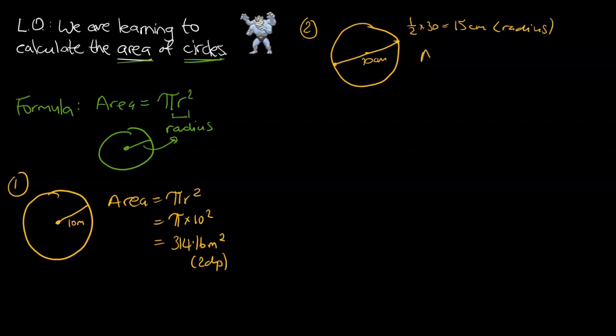So we're going to go through our same steps. The area will be equal to pi r squared. We can then substitute pi times 15 squared. And again, you'll need your calculator for this bit. Pi times 15 squared, I'm getting 706.86 centimeters squared. And again, 2dp rounding.